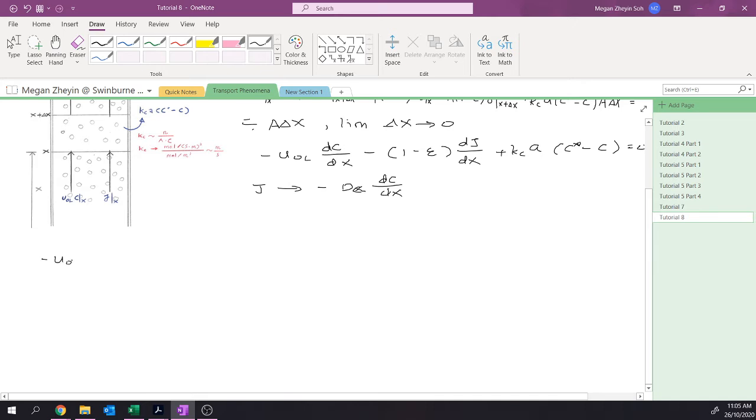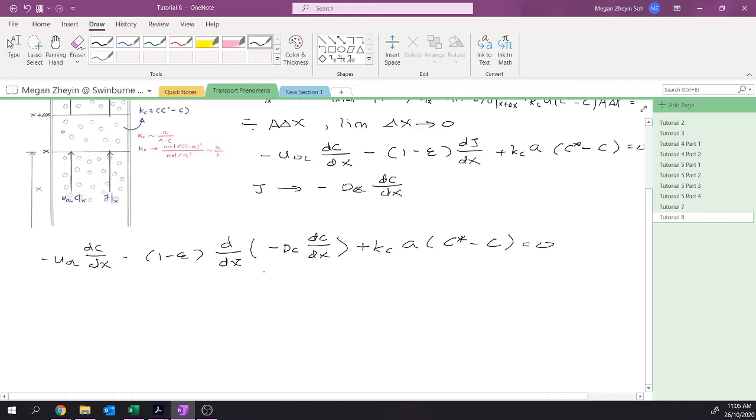Okay? That means we would get negative UOL dc dx minus 1 minus epsilon, and substitute your j with negative dc, plus kCa c star minus c equals to 0.